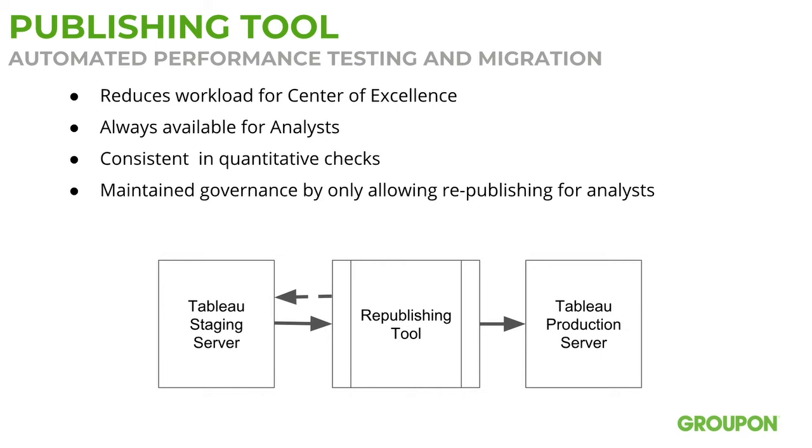We make sure that there's an info page so that there's contact information because they're not the ones publishing, so it's not going to be their name in the author field. Make sure that there's no blending, that that's only done by exceptions because there's only a limited number of CPUs. We can move that to the ETL where there's a whole lot more CPU in the database. And a few other little checks that we do that are a bit more Groupon-esque.